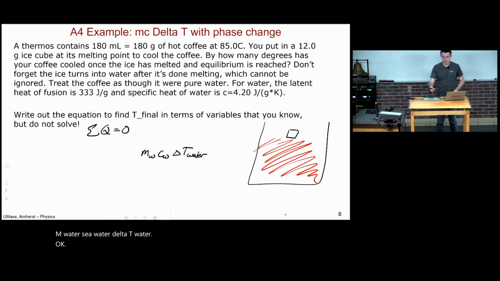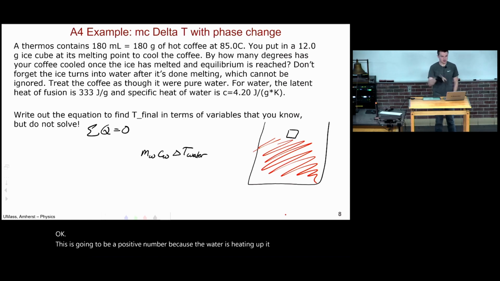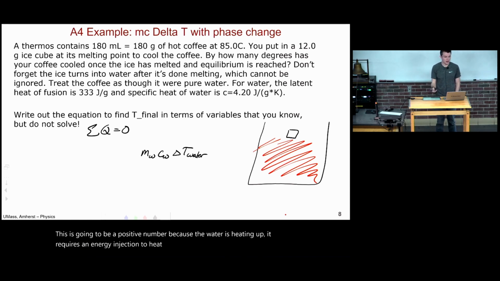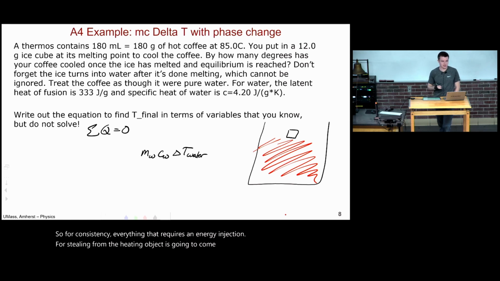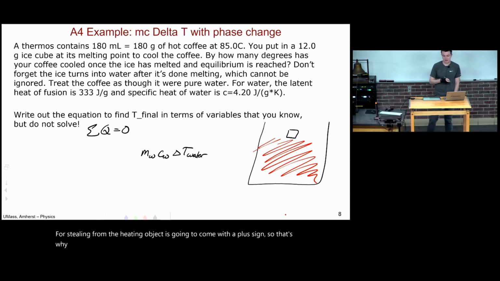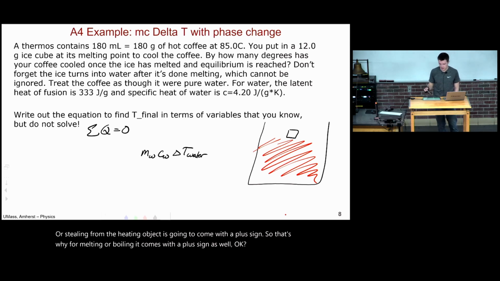This is going to be a positive number because the water is heating up. It requires an energy injection to heat up the water, and it comes with a plus sign. So for consistency, everything that requires an energy injection or stealing from the heating object is going to come with a plus sign. So that's why for melting or boiling, it comes with a plus sign as well. Okay? All right, now you can go ahead and write the equation.